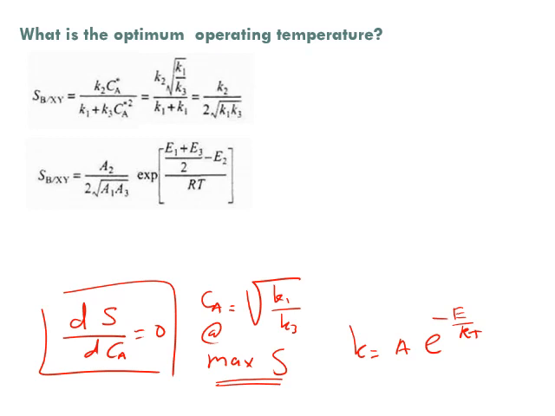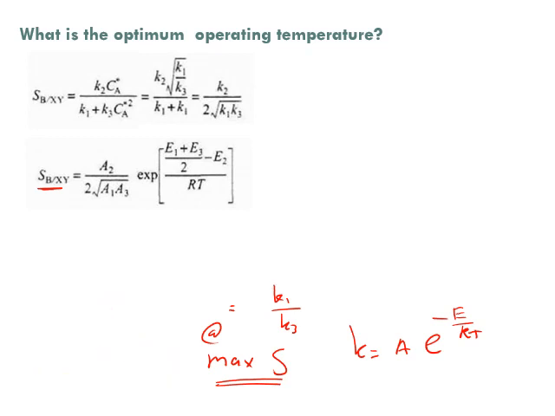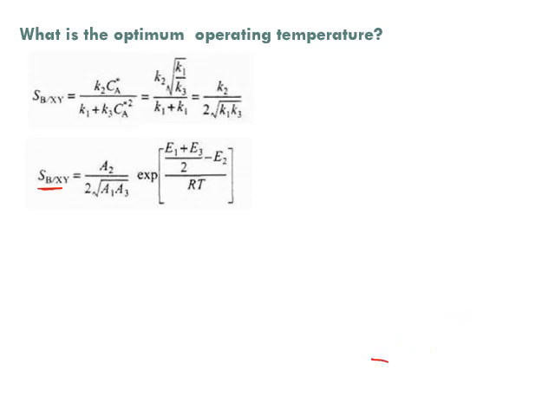Now, how can we increase the selectivity? Well, we have a few cases here. Let's see what happens if I increase the temperature, what happens if I decrease the temperature, and so on. In order to know the effect of temperature on selectivity, I should know what the exponent is here. So let's concentrate on the exponent.